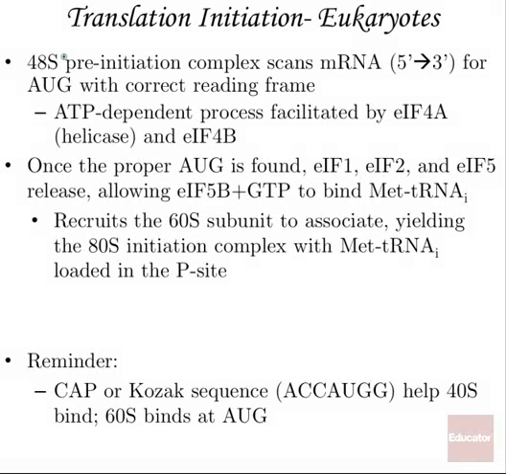Okay, so the 48S pre-initiation complex will scan the mRNA 5' to 3', looking for the AUG with the correct reading frame. So the AUG, meaning it's looking for the start codon, the methionine, okay, and it's looking for it in the correct reading frame. At the very end of this unit, we'll talk about reading frames. So for right now, let's just move on a little bit.